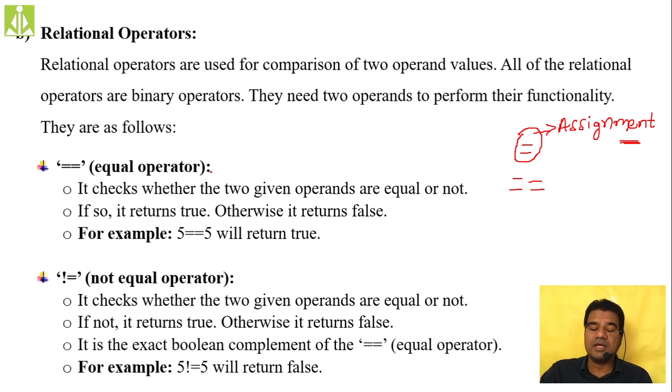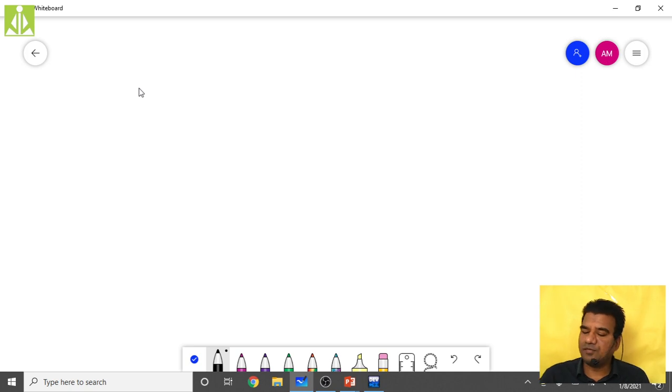One more important thing you have to remember when dealing with these relational operators: all of them will return a value. Like your assignment operator assigns the value to the variable, and your arithmetic addition operator adds the two numbers and gives the result. Suppose you are adding 2 plus 3. What is this 2?